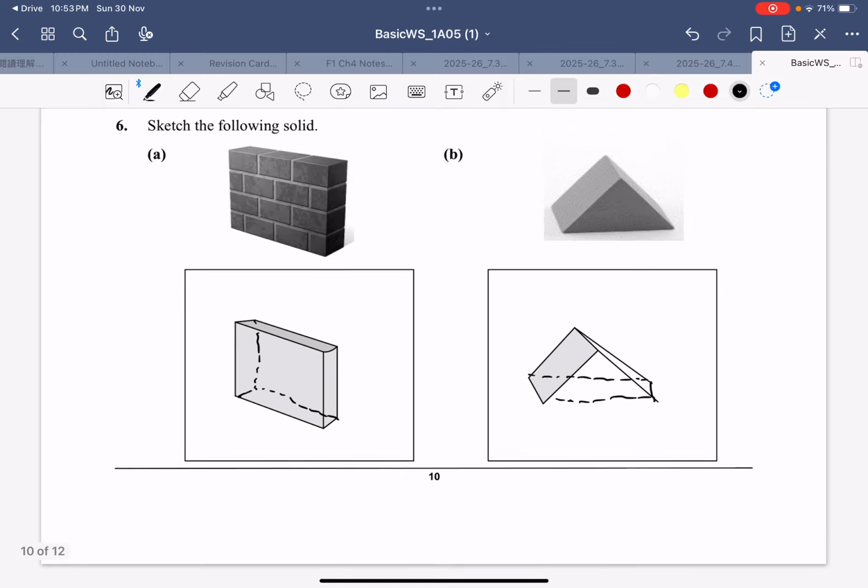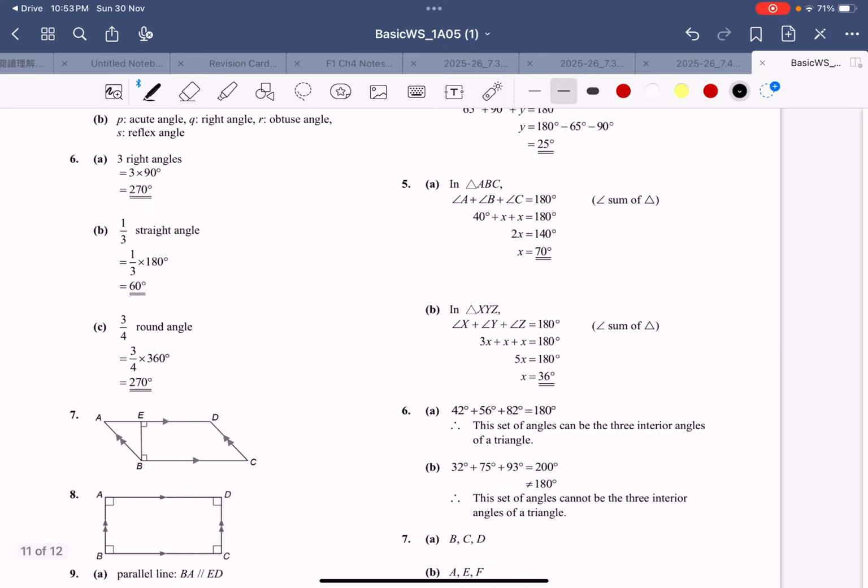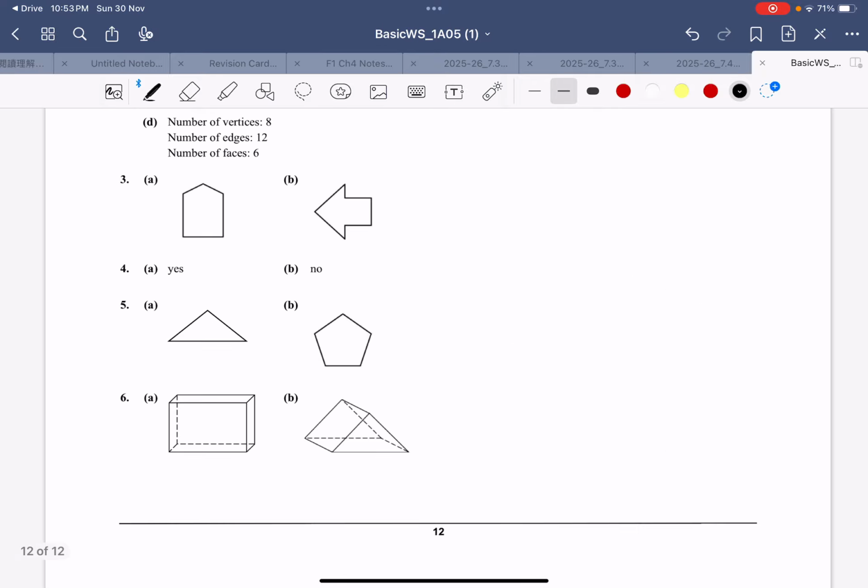Okay, so I think that's it. You can check all the answers at the back. That's a better drawing.